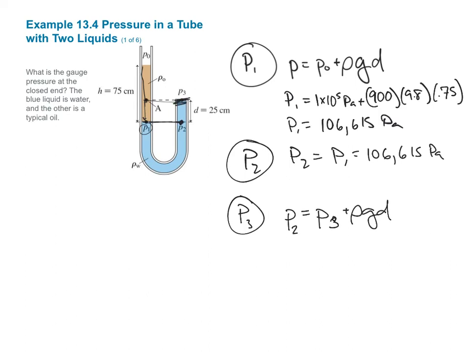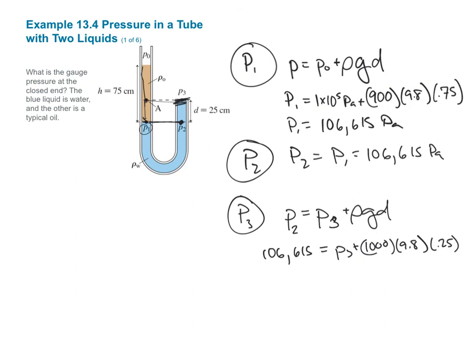So this is going to be P3. We're solving for P3. Pressure at 2 is 106,615 pascals equals P3 plus rho. Rho for water is going to be 1,000. Gravity is 9.8. And the depth there is 25 centimeters or 0.25.